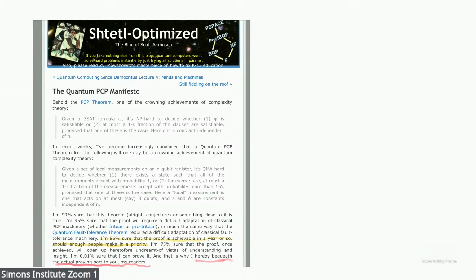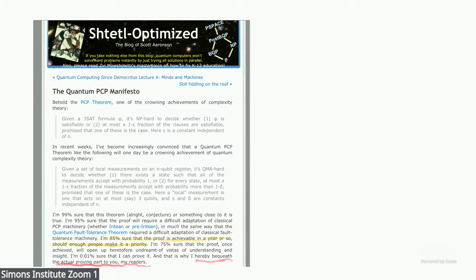He says, the quantum PCP manifesto, behold the PCP theorem, one of the crowning achievements of complexity theory. He goes on and gives a conjectured statement, and he says, I'm 85% sure that the proof is achievable in a year or so, should enough people make it a priority. And he said, I bequeath the actual proving part to you, my readers.